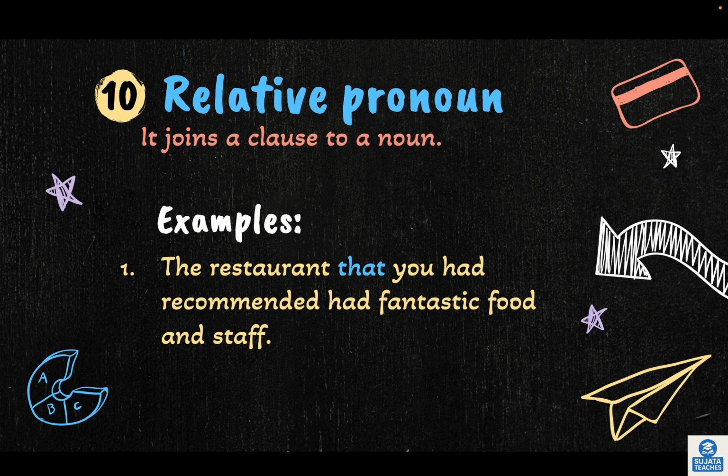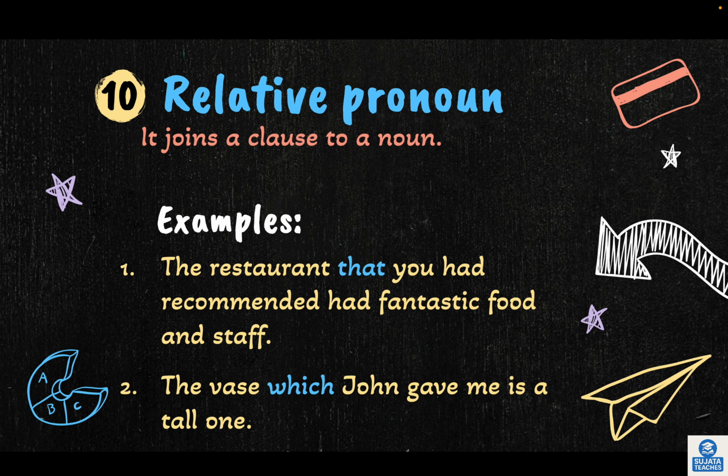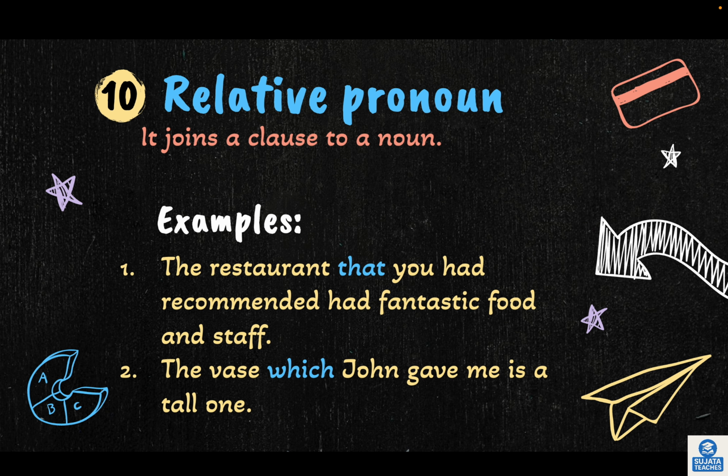Basically, it describes the noun. So that word is helping you to describe the noun, that is a relative pronoun. The vase which John gave me is a tall one. So here the vase is a noun and John gave me is a clause, and the word which is helping to describe the noun, so it is a relative pronoun.